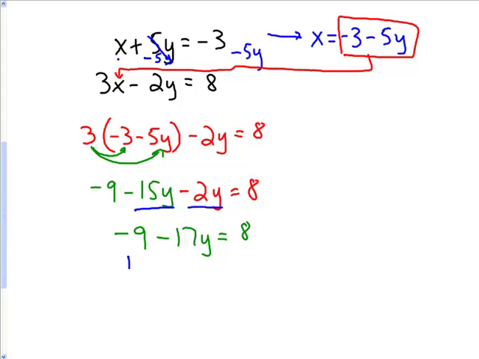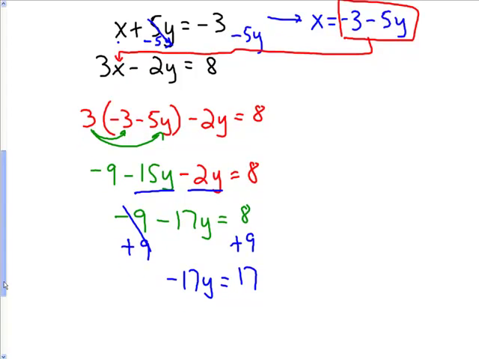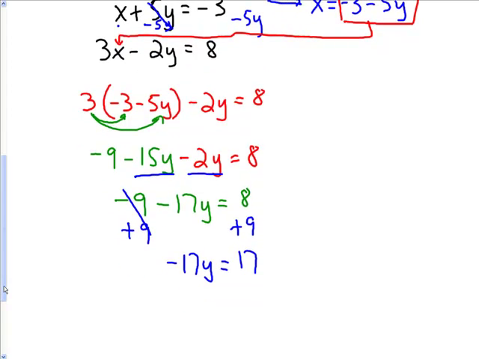I'm going to get this 9 off the left side by addition, and I'm going to add it to the right side. So I get negative 17y equals 17. And when I divide both sides by negative 17, I get y equals negative 1.